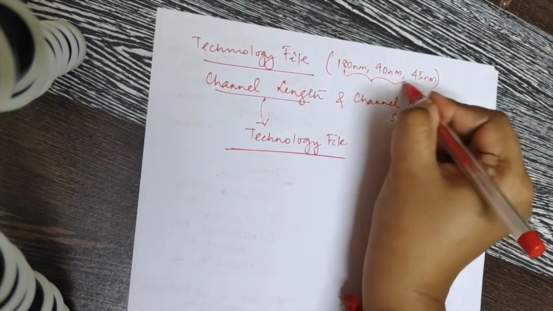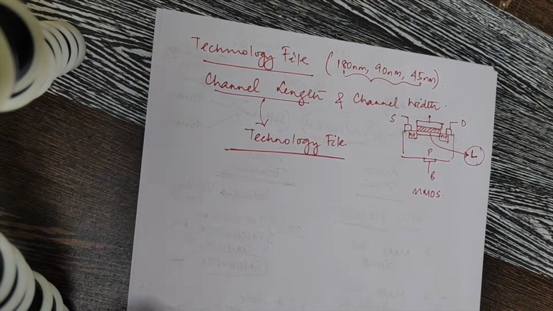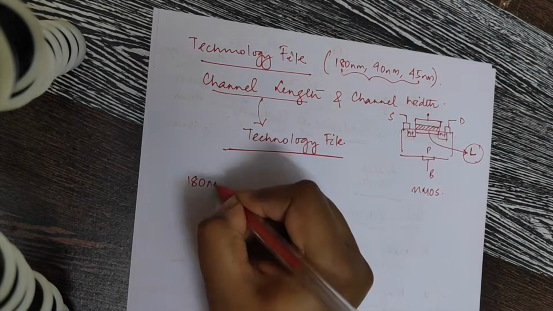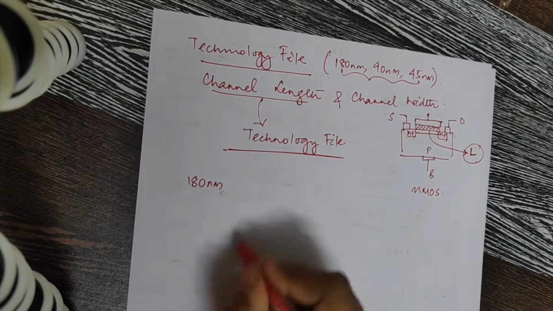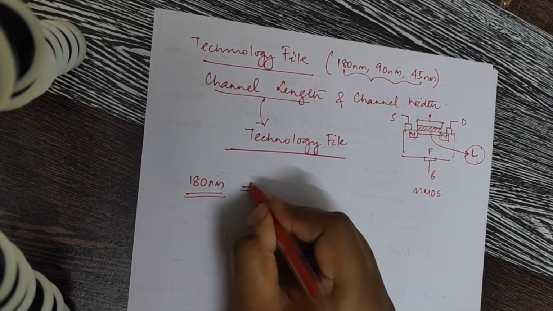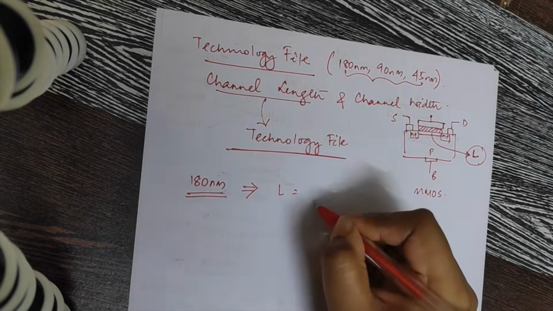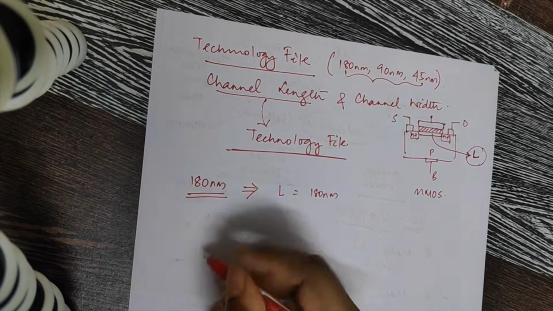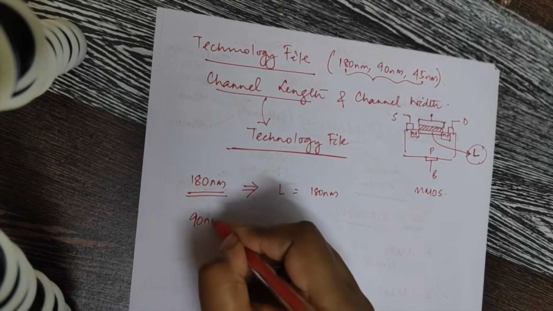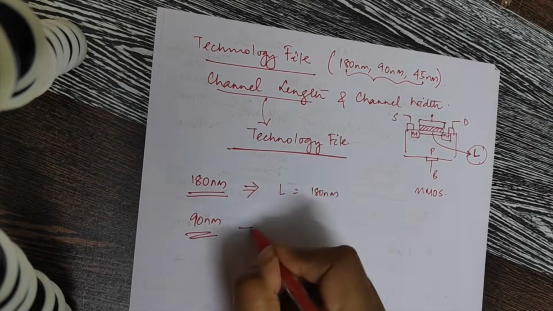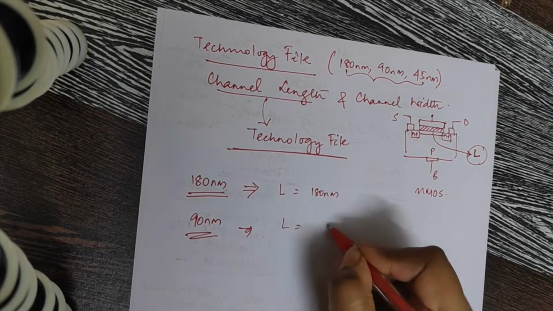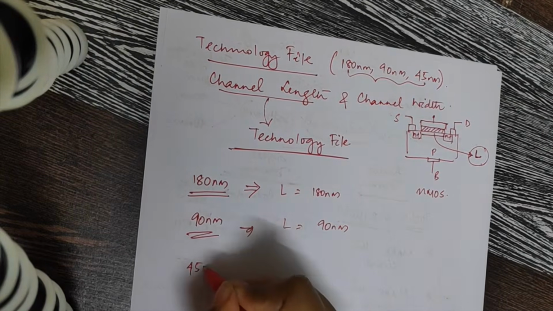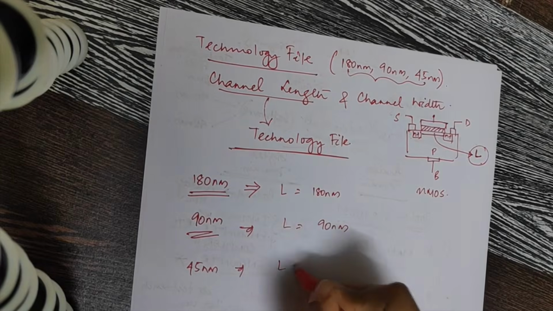So these values that are written, what do they mean? If I am choosing 180 nanometer, this implies that the channel length of all my MOSFETs is 180 nanometer. If I am using the 90 nanometer library, all the MOSFETs' channel lengths are 90 nanometer. Similarly for 45 nanometer.